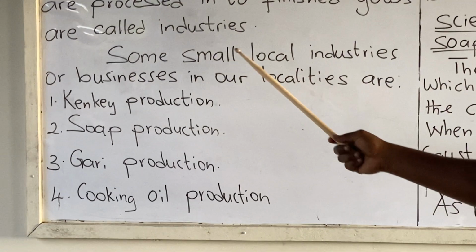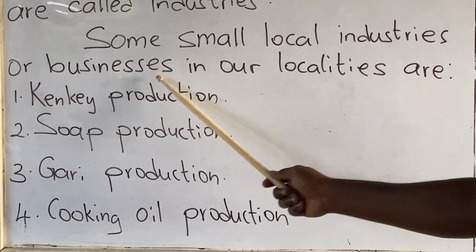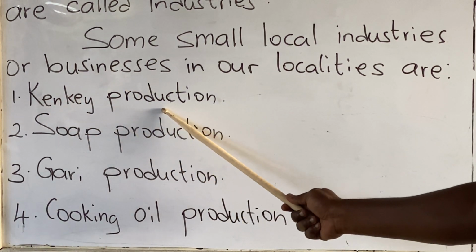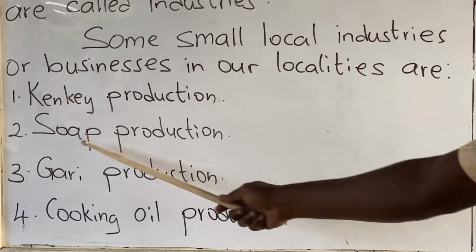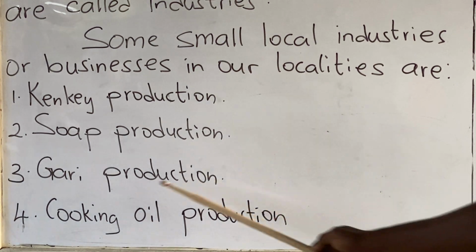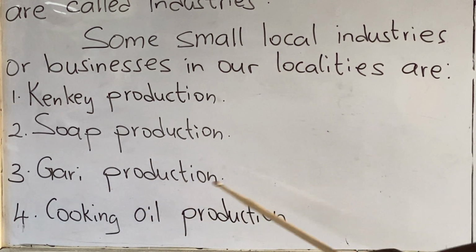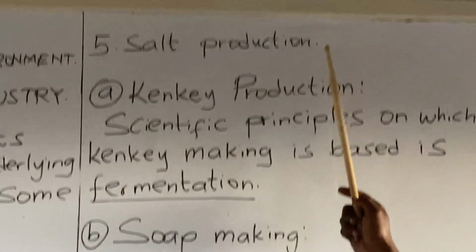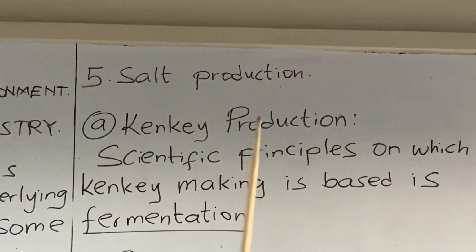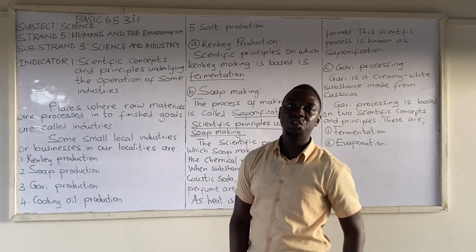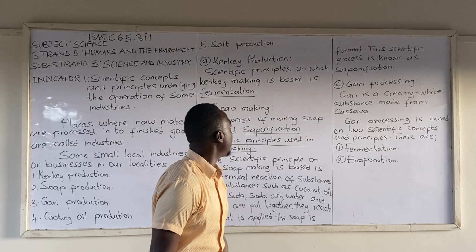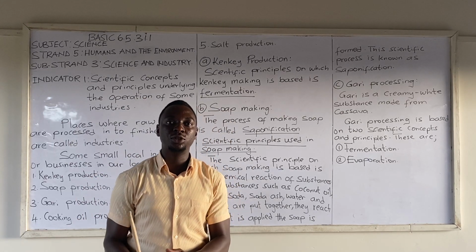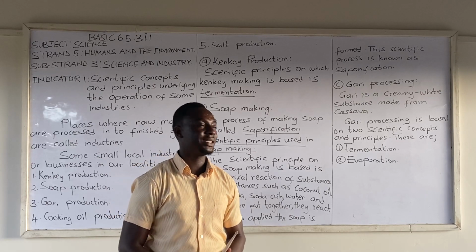Some small local industries or businesses in our localities are: we have the kenke production industry, the soap production industry, garri production industry, cooking oil production industry, and the salt production industry. All these are examples of small-scale industries in our localities. We will look at some of these small-scale industries and the scientific principles that they use in their production.